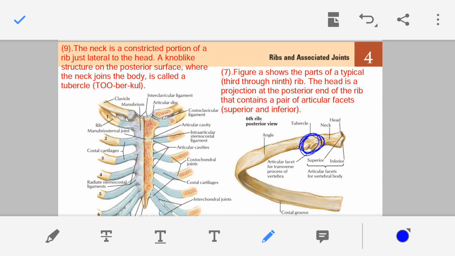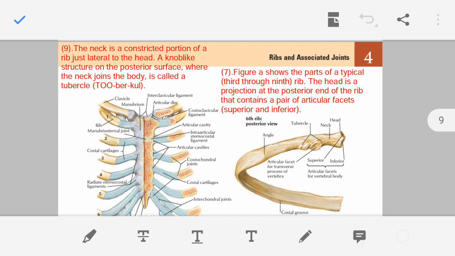So this part which is present after the neck, this knob-like structure, is known as the tubercle. How are we reading this? It is tubercle.